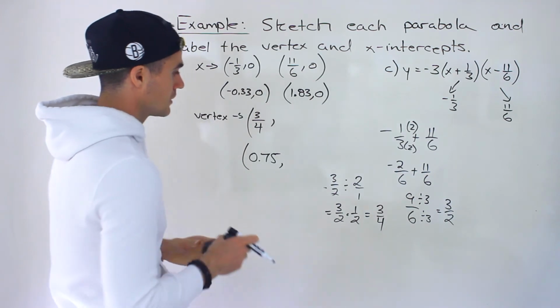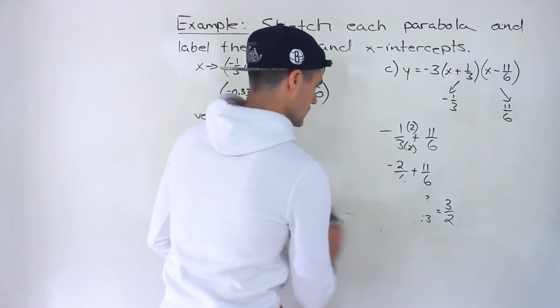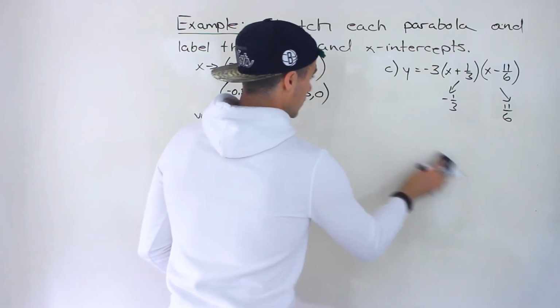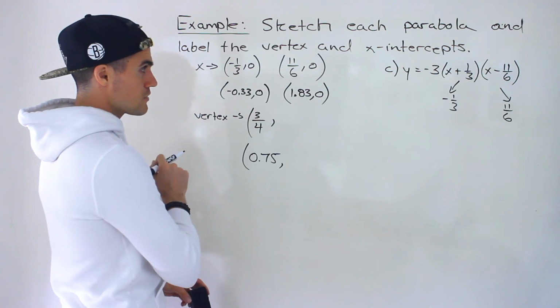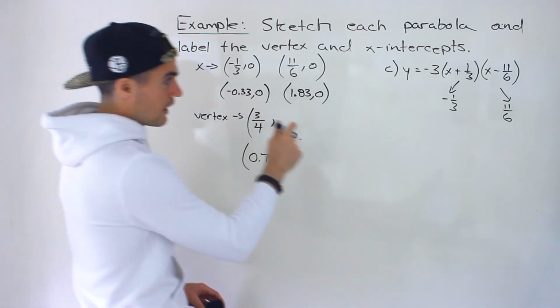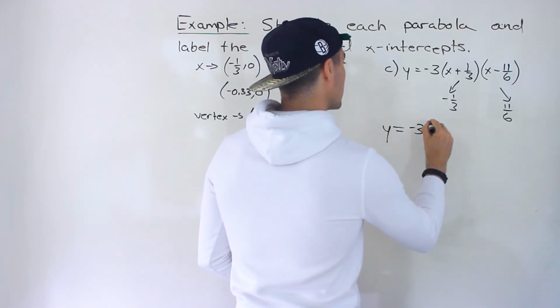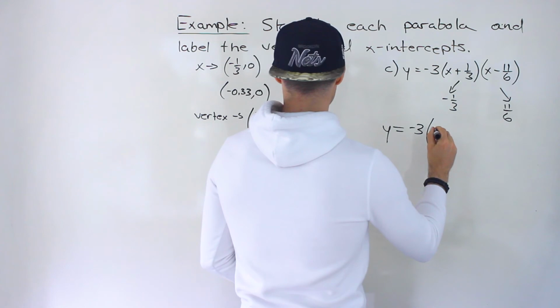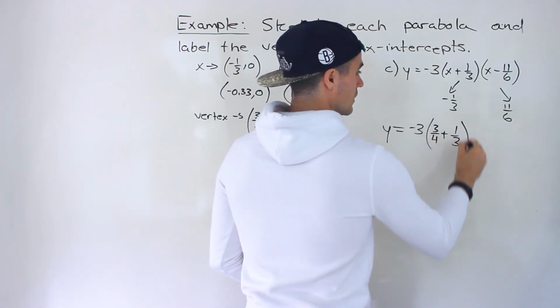So checking the answers with the decimals does pan out, and we can be pretty confident that we're all good so far. Now for the vertex, we have to take this 3/4 and plug it in here to get the y value of the vertex. So we'll have 3/4 plus 1/3.